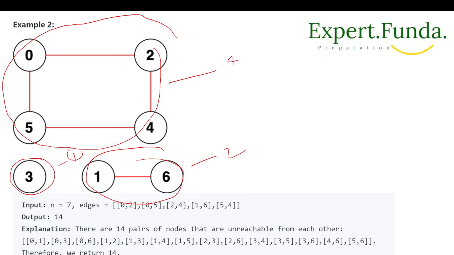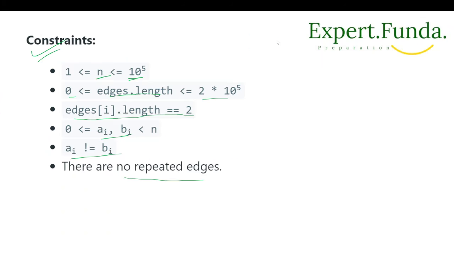So if we talk about depth first search, our intuition is a connected component of an undirected graph. We are talking about a subgraph in which each pair of nodes is connected with each other by a path.